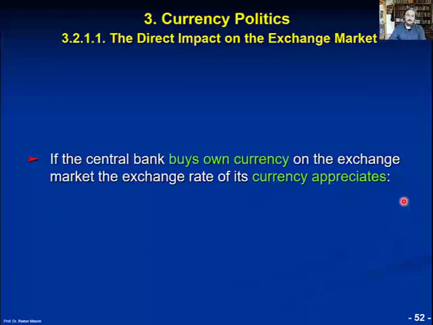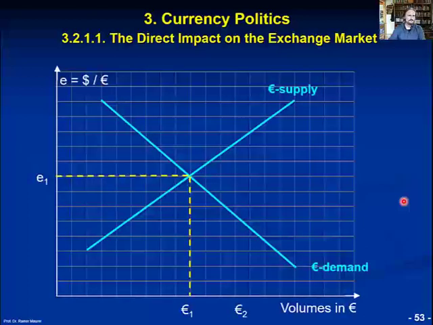Let's now analyze what happens if the European Central Bank does the opposite and demands domestic currency on the foreign exchange market. If the European Central Bank wants to buy euro on the foreign exchange market, it needs foreign currency reserves, of course.